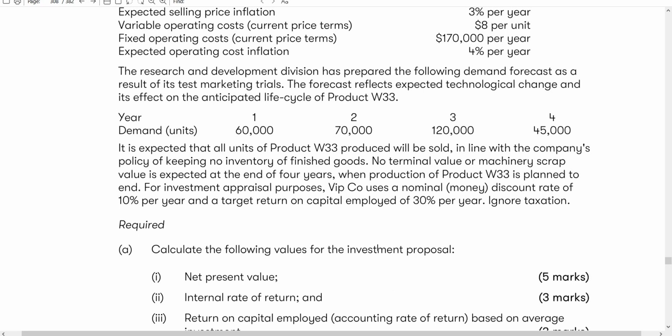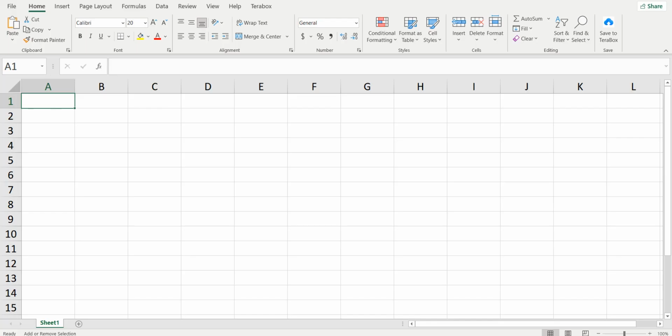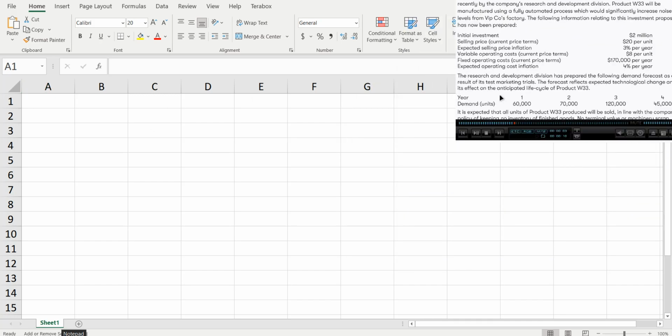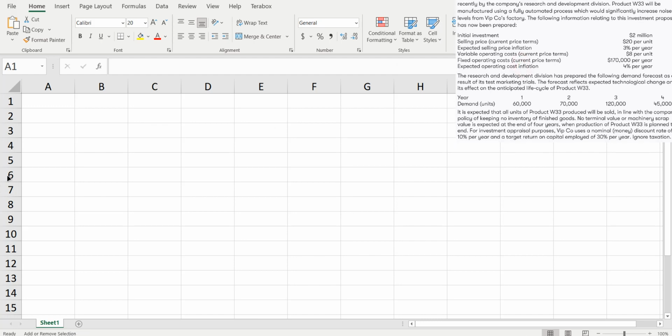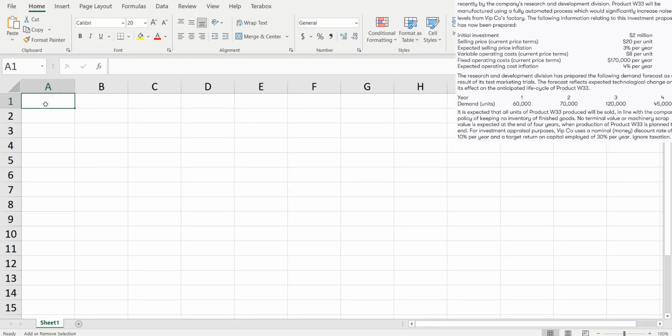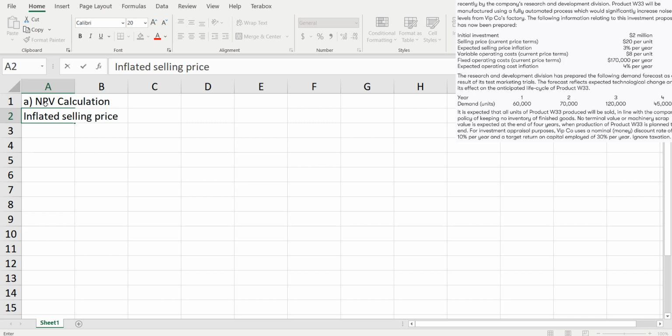Let's try to solve it. So let's bring the question here. Okay, first is NPV calculation for 5 marks. So let's do the inflated selling price per unit first.